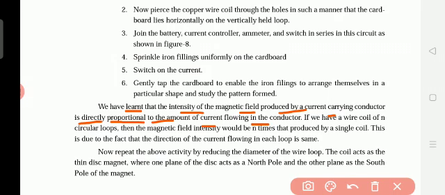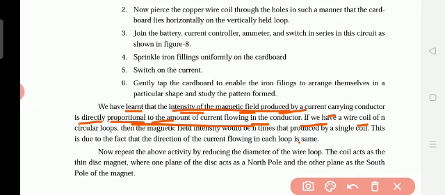If electricity is flowing more, the magnetic field will be more. If the electricity is flowing less, the magnetic field will be less. So underline this point.